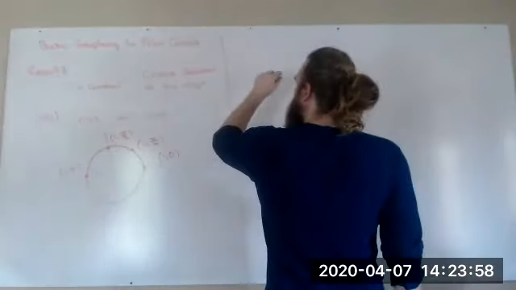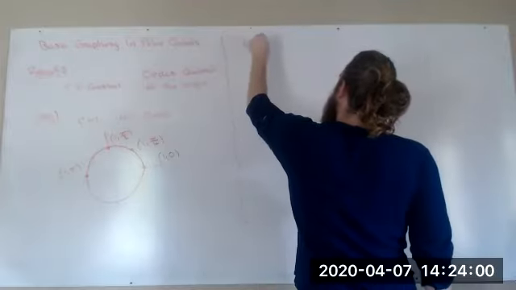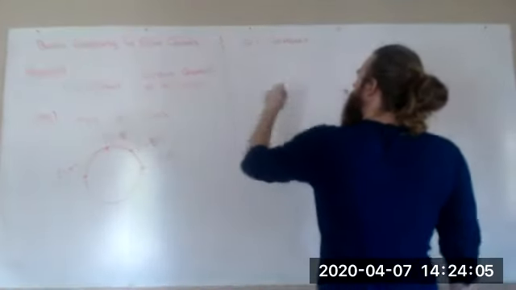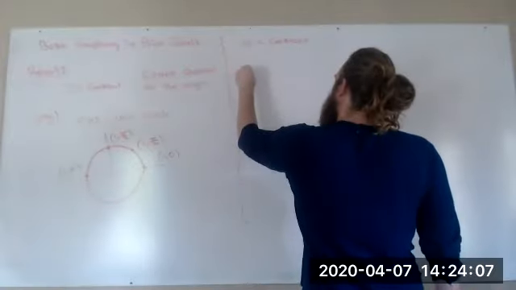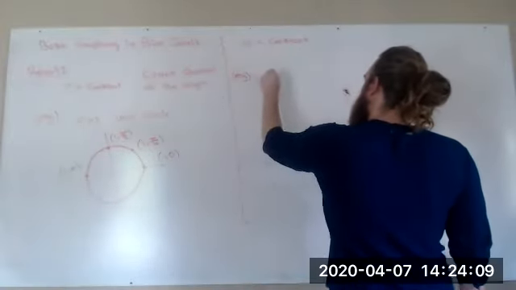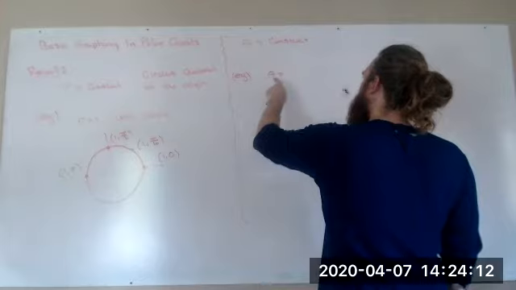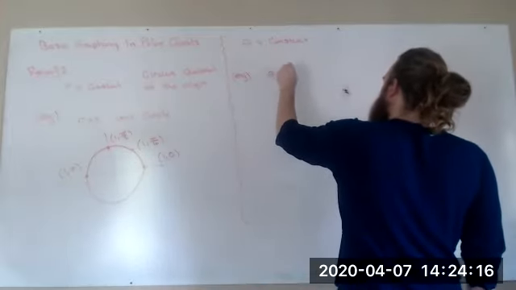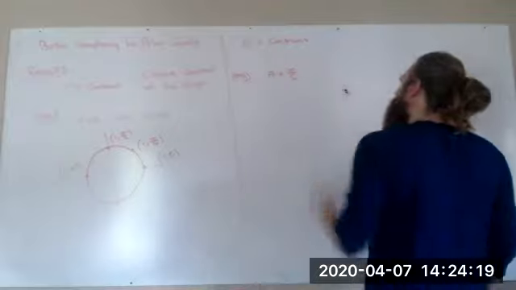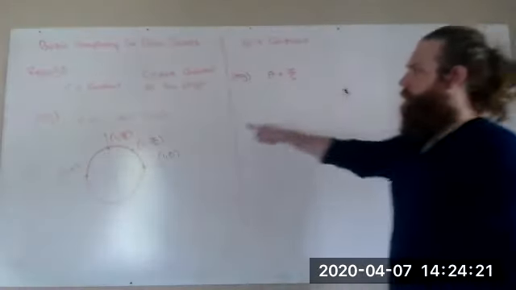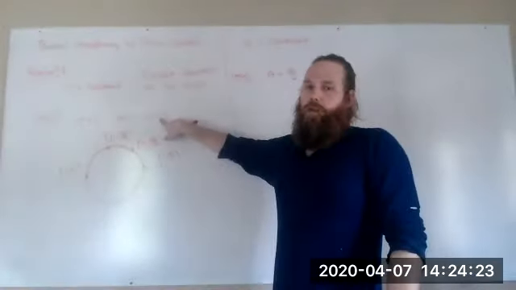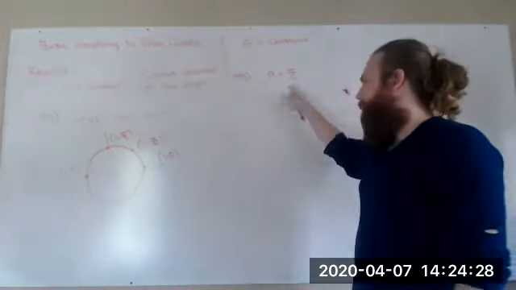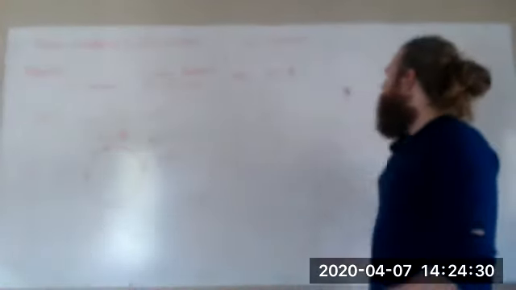The other kind of basic graph we looked at is theta equal to a constant. So for example here, if I look at the function or the equation, theta equals, let's say pi over 6. Think of this as being like the same as x equals 1, right? Constant functions.